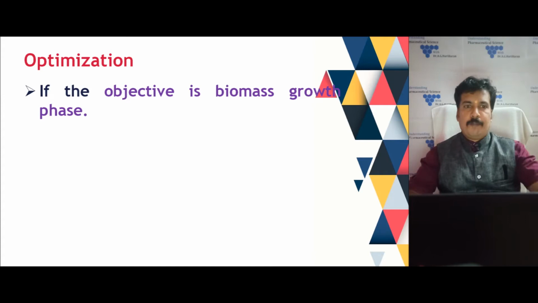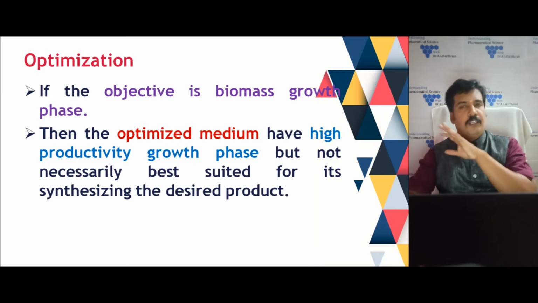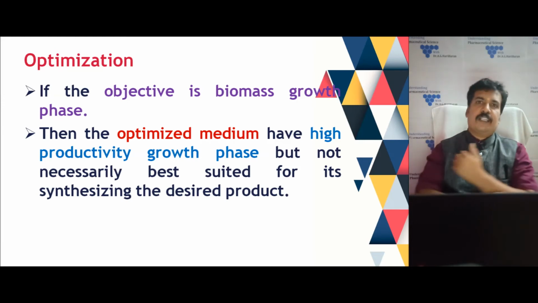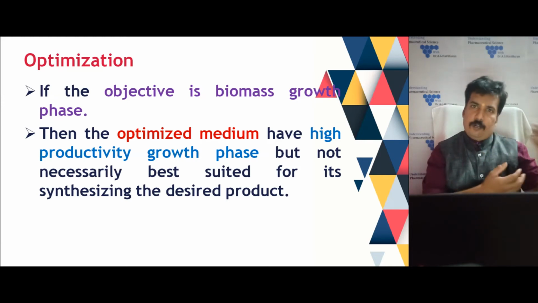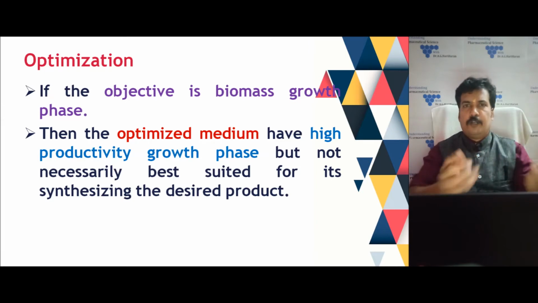So the optimization of the media will vary between product formation and biomass growth. If my objective is biomass growth, product formation is not necessarily important. If product formation is important, then biomass production need not be necessarily important to me during the optimization process.